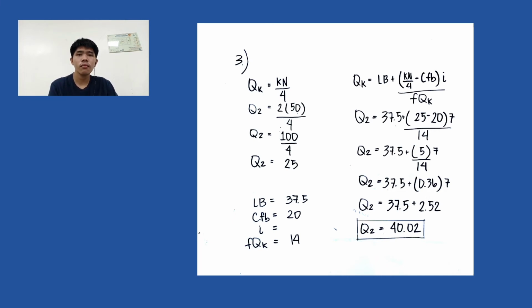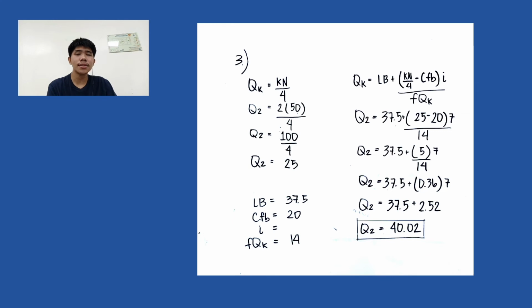Q sub 2 is equal to 37.5 plus 0.36 times 7. Now multiply 0.36 by 7. Q sub 2 is equal to 37.5 plus 2.52. This time, we will add 37.5 plus 2.52.